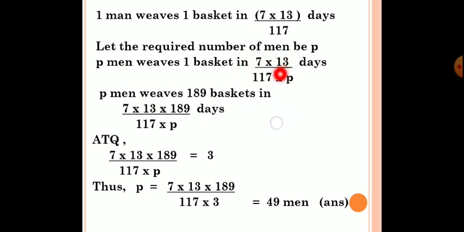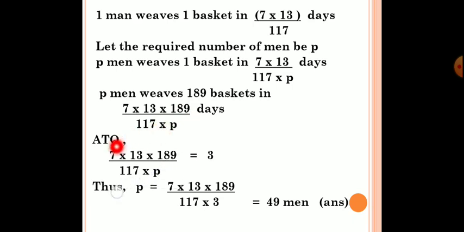So 7 into 13 divided by 117 into P days. So P men weave 189 baskets in, now the number of baskets has increased, so the number of days will also increase. That is 7 into 13 into 189 divided by 117 into P.